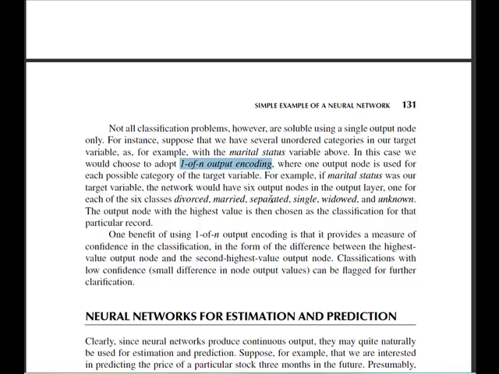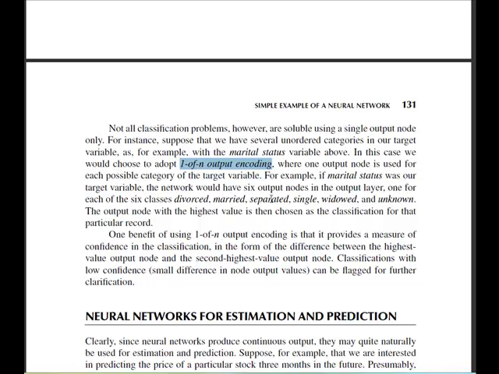For example, if marital status was our target variable, the output variable, we would have 6 output nodes in the output layer. We haven't talked about this yet, but for each of the 6 classes, divorced, married, separated, single, widowed, and unknown, the output node with the highest value is then chosen as the classification for that particular record.